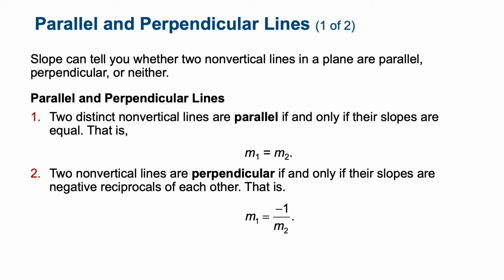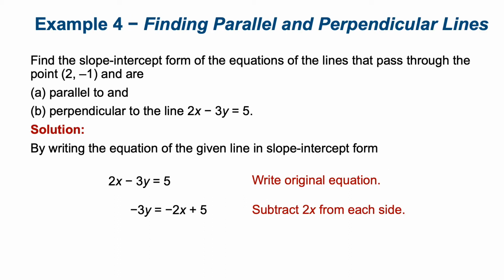And for perpendicular, two non-vertical lines are perpendicular if and only if their slopes are negative reciprocals of each other, meaning that, let's say one of them is -2, then the other one would be a positive 1/2. Okay, they're negative reciprocals.